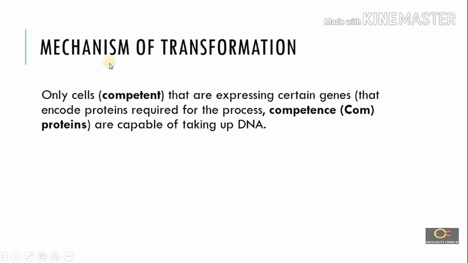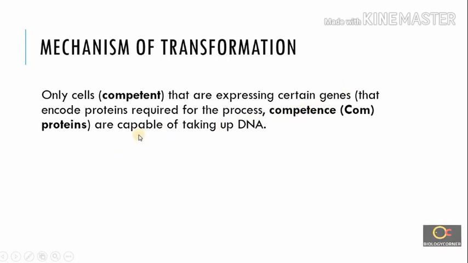Let's now discuss the mechanism of transformation. Keep one thing in mind: not all bacterial cells can absorb free DNA from the environment. Only the cells we call competent cells can absorb free DNA from the environment, and these competent cells have certain genes encoding proteins for this process.